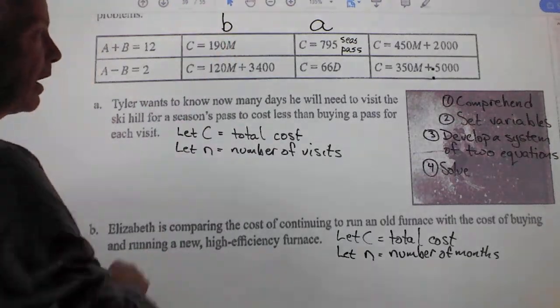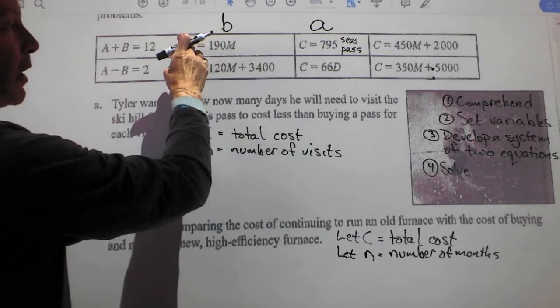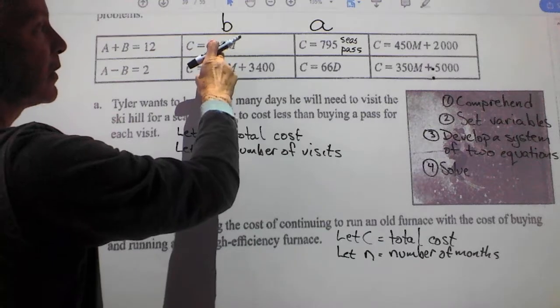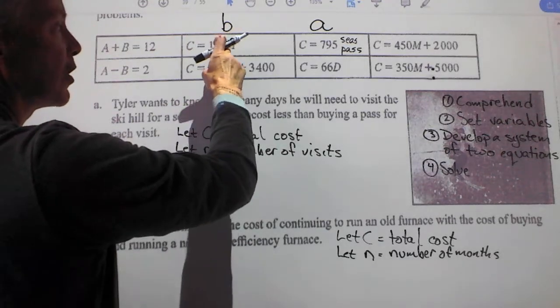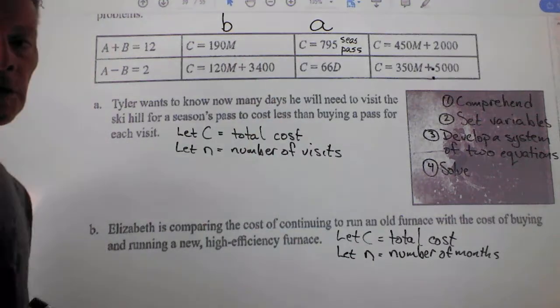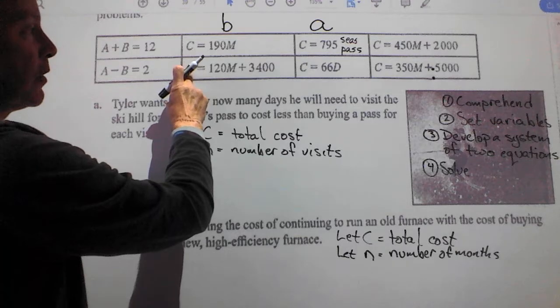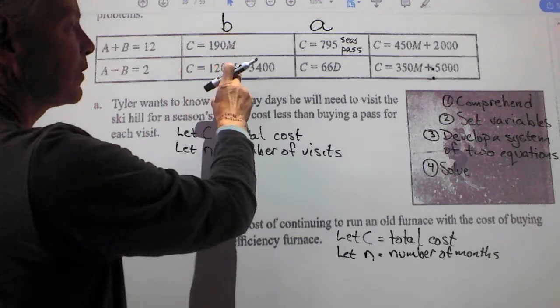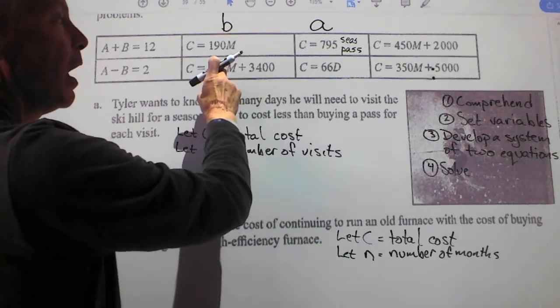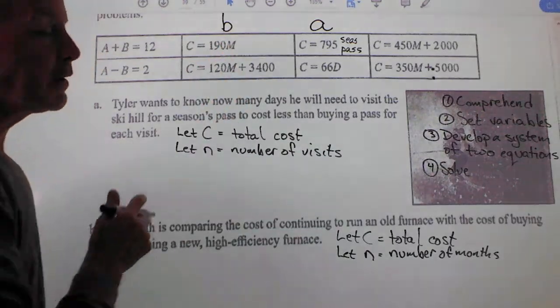If you take a look at this system of equations, you'll see that this has a total cost based on a certain charge per month, but you don't have any other costs. If you look at the second one, it has a total cost. It has a term that describes a certain payment times a certain number of months.